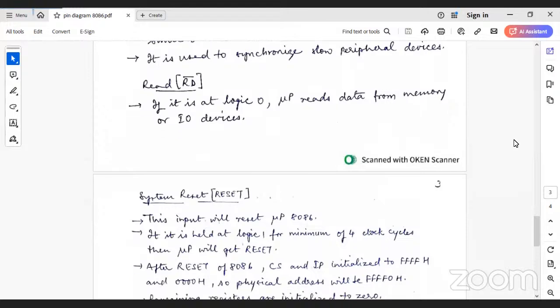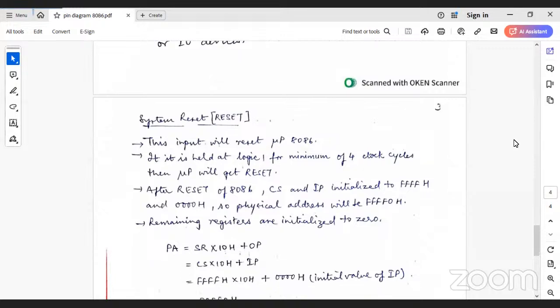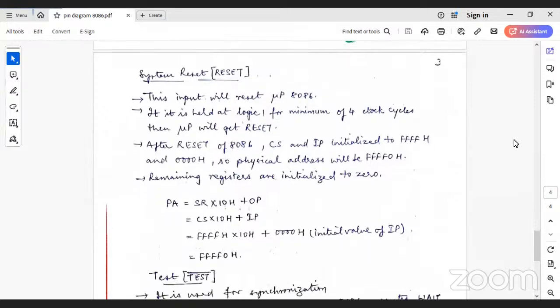Now, next one will be your system reset. We all do some reset operations even with our cell phones, laptops, or processors which you are using. Here you can see a very beautiful feature which is included in 8086. This input will reset the microprocessor. Obviously, the reset pin is used to reset the processor.